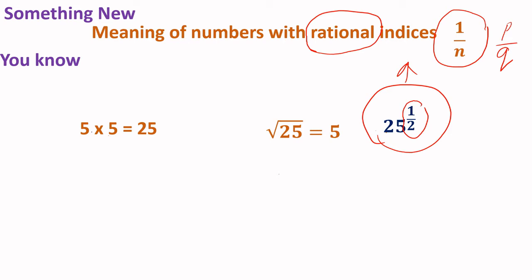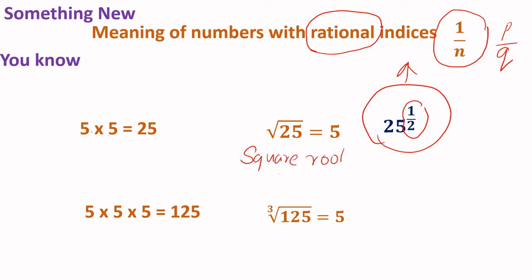Understood? That means it indicates about square root, and if this is the case, 5 into 5 into 5, which is equal to 125, very simple. That means, this one we read as square root. Here we will read it as cube root of 125 is equal to 5.